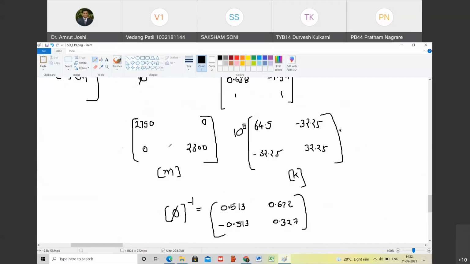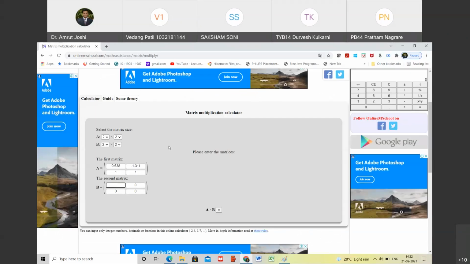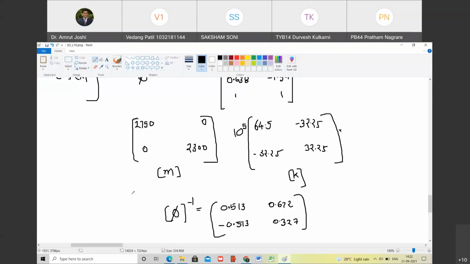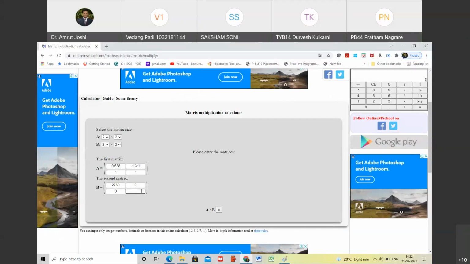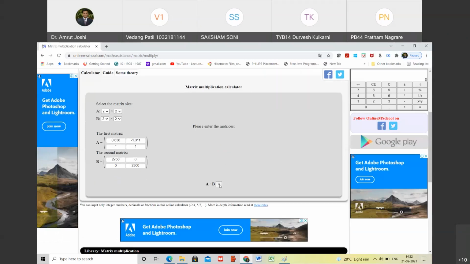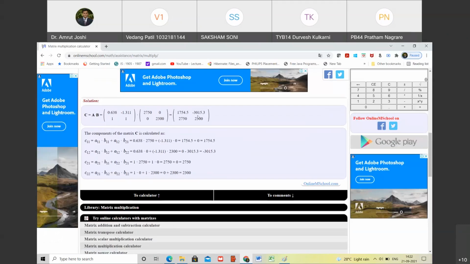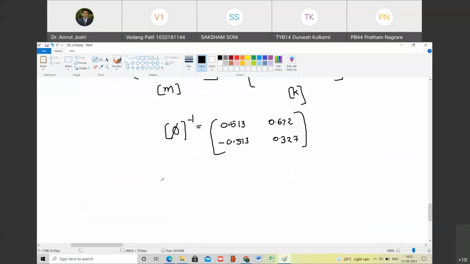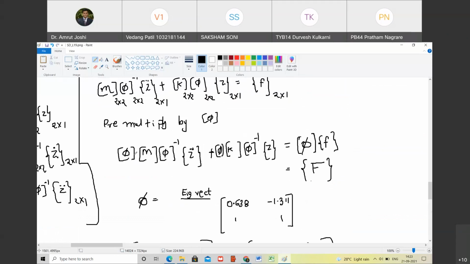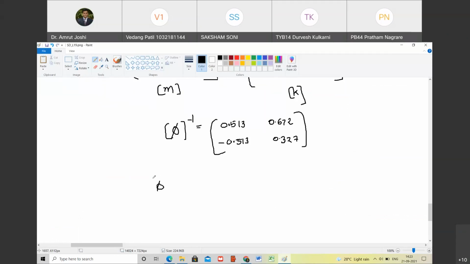What is the M matrix? 27500, then we have 0 and 2300. So what is the multiplication? So multiplication is this matrix. So let me write that down. So multiplication of phi multiplied by M.